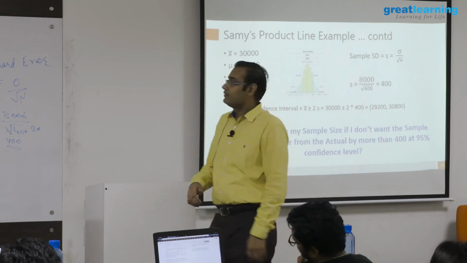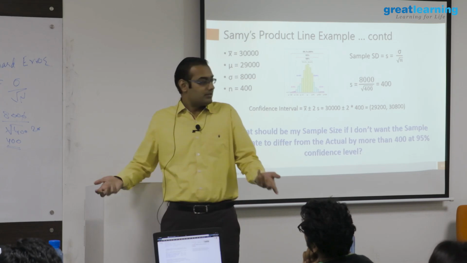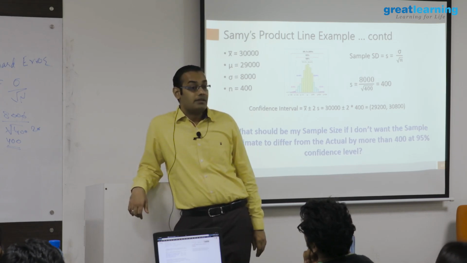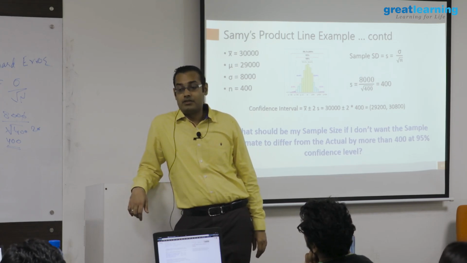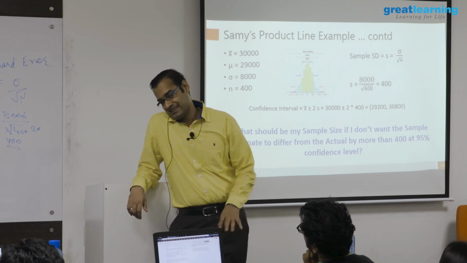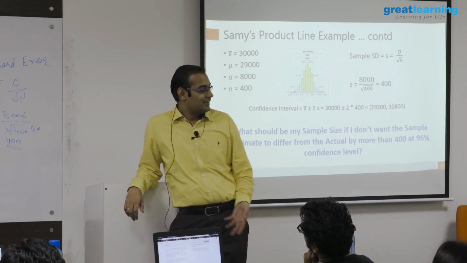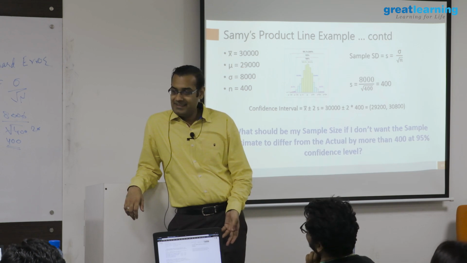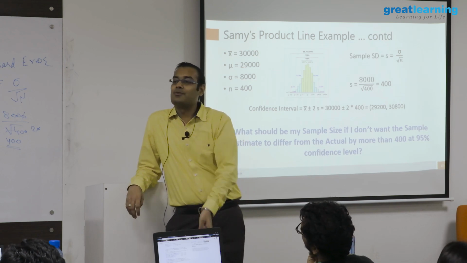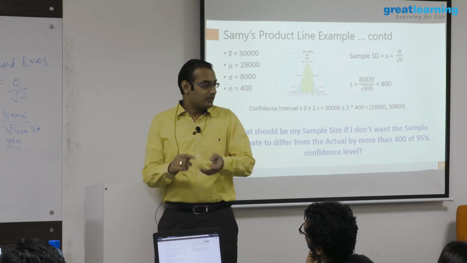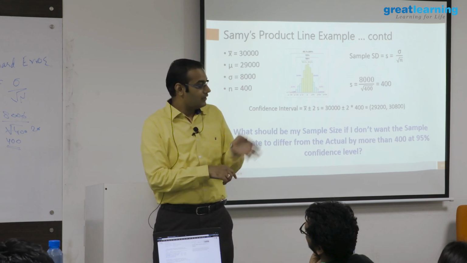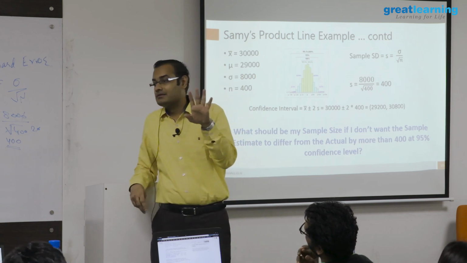So you say, sir, give me that much money and we'll do that much survey. No, you will say, I cannot pay 64 times for this kind of thing. Okay, you give me plus or minus 200. I do the calculation again: how many people to survey?